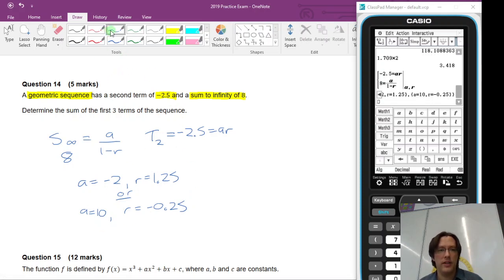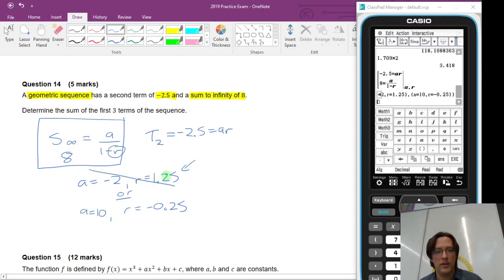One thing we need to remember is that the sum to infinity is only valid when the absolute value of r is less than 1. Here r is greater than 1, so we can completely discard this answer. It's just going to give us a completely wrong number.